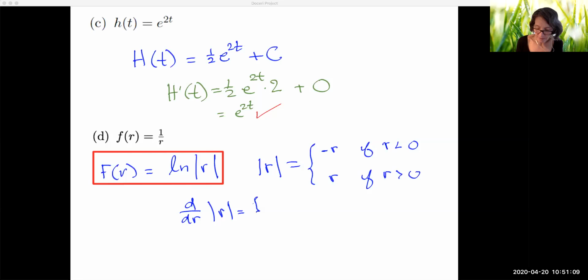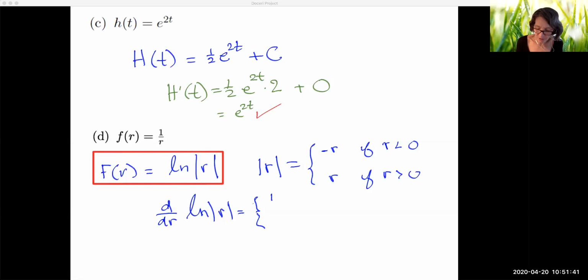So now, sorry, I meant to say the derivative of the natural log of the absolute value of R. I'm going to differentiate the natural log of the absolute value, so it's a chain rule.